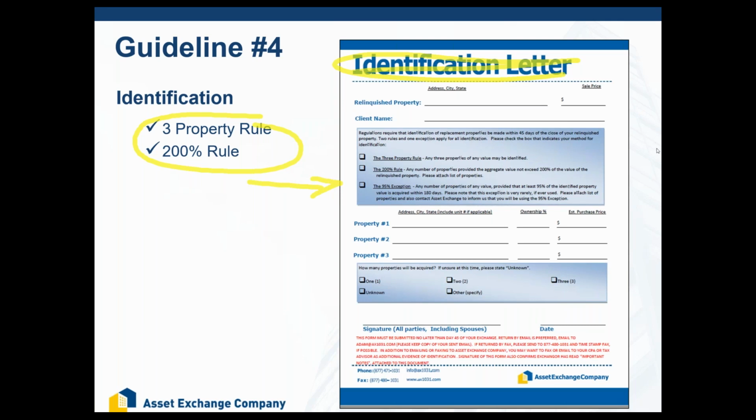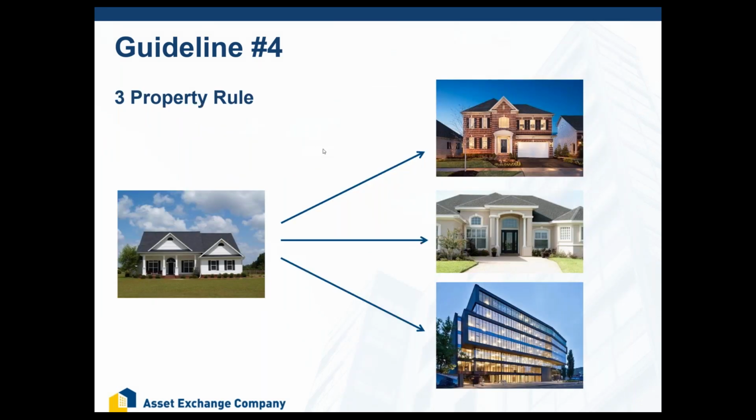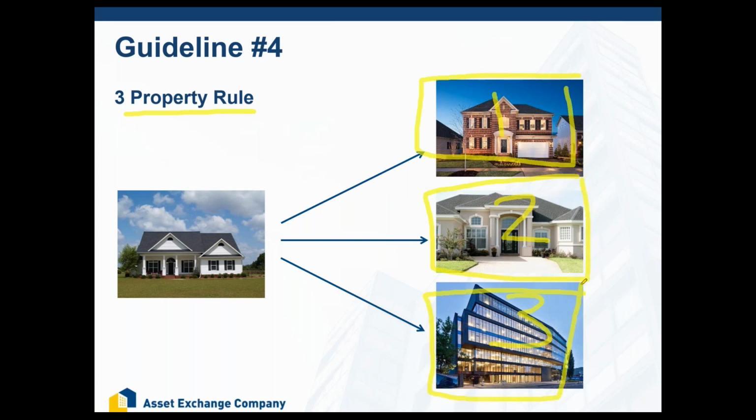Option number 1, you can fill out the letter using the 3-property rule. The 3-property rule, as it sounds, gives you 1, 2, or 3 options. So you can fill out your identification letter on day 45 and you can nominate 3 pieces of real estate that you're going to buy.